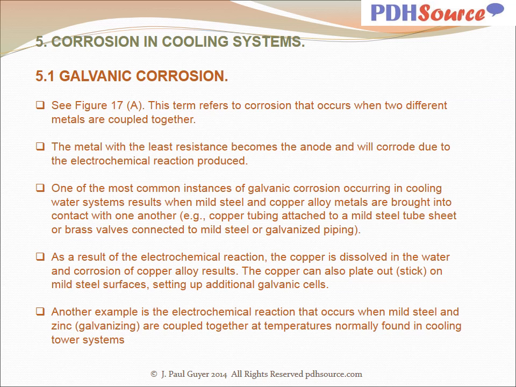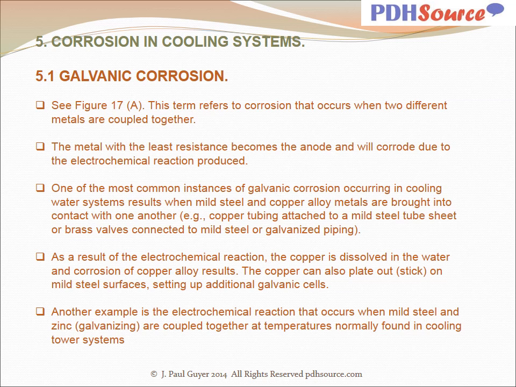Copper tubing, for example, attached to a mild steel tube sheet, or brass valves connected to mild steel or galvanized piping. As a result of the electrochemical reaction, the copper is dissolved in the water and corrosion of copper alloy results. The copper can also plate out on mild steel surfaces, setting up additional galvanic cells.